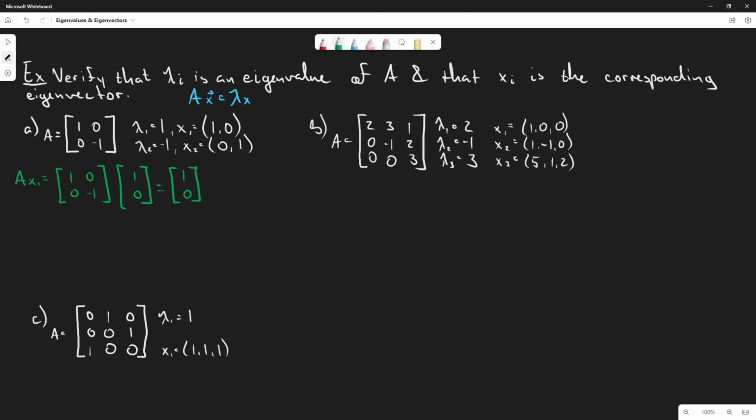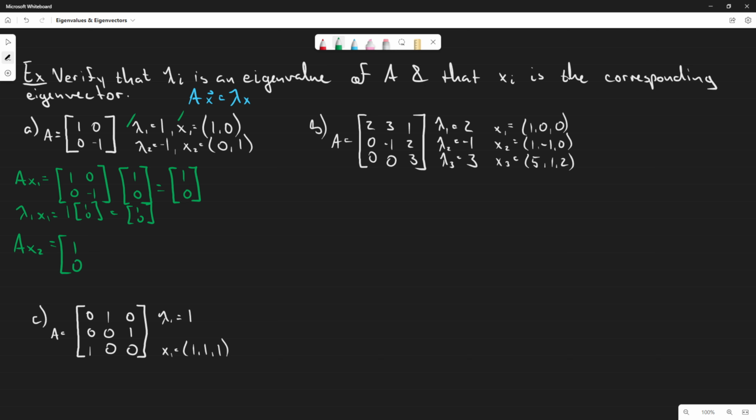Now we do it with lambda 1 x1, which is just 1 times [1, 0], which, surprisingly, not really, gives you the same thing. So yes, the first eigenvalue and the first eigenvector is part of A, and the second one is just the same thing, just a different one.